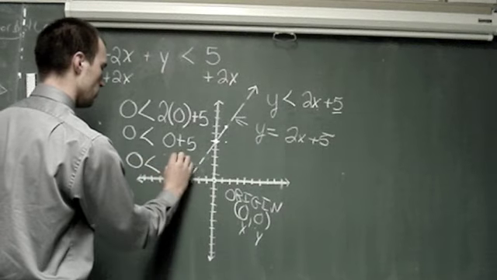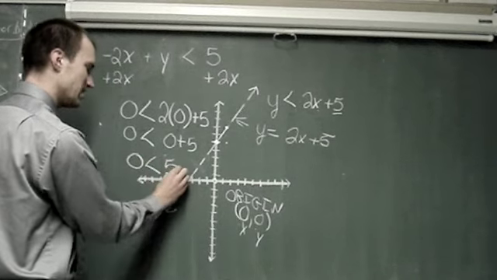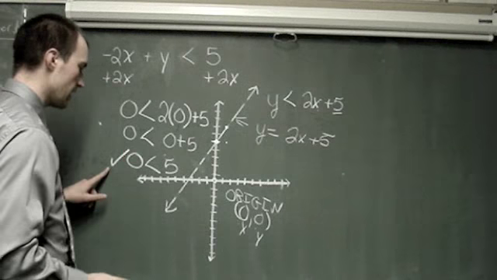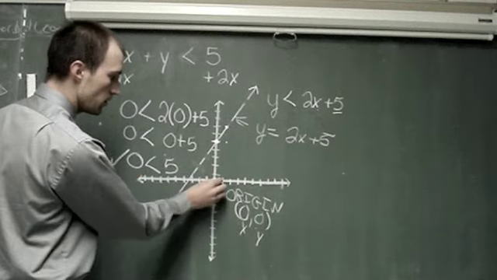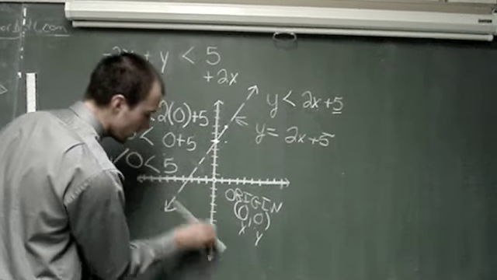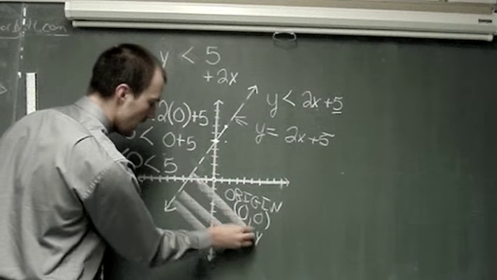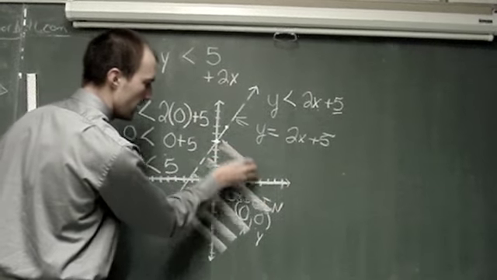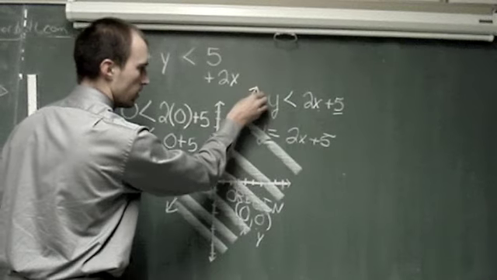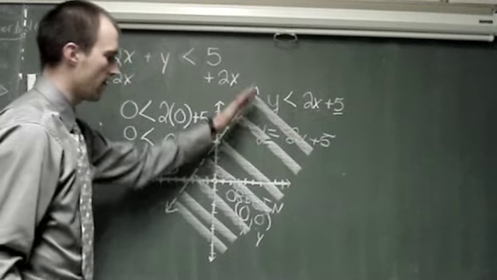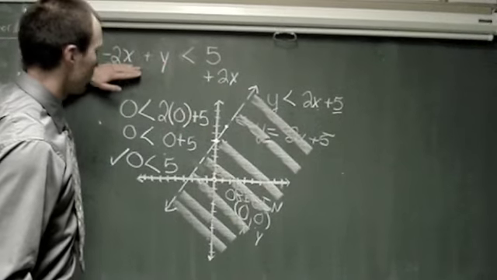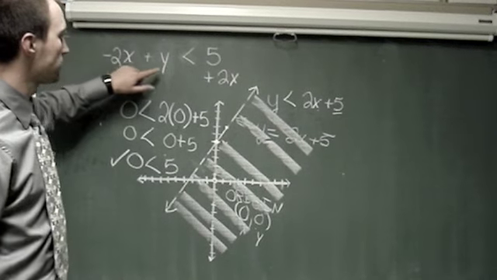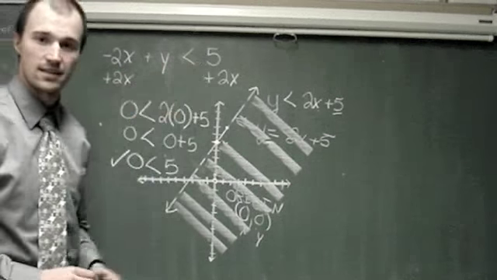And now we see that 0 is less than 5. This checks. Since this is true, we shade the region with that point that we had arbitrarily chosen, and that is the graph of the linear inequality negative 2x plus y is less than 5.